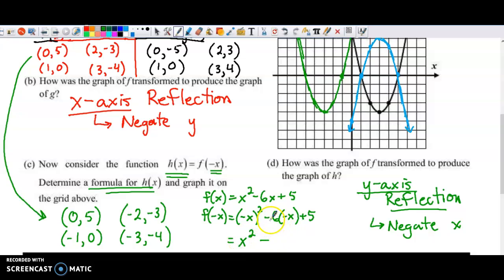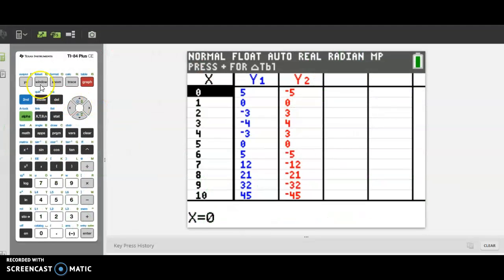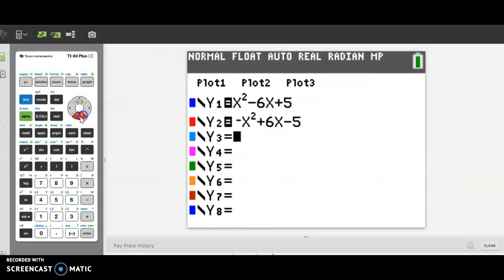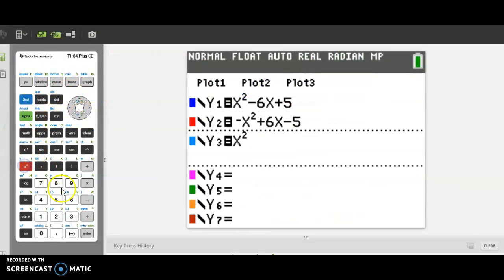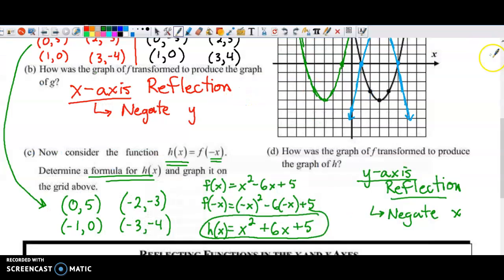And a negative times a negative is a positive 6x, and the y-intercept is not changing, which we could confirm by looking at that graph. And they called this h of x. So if I go back to my graphing calculator and type that in, y equals x squared plus 6x plus 5, and look at the graph, you'll see that we did it correctly, which is kind of neat.